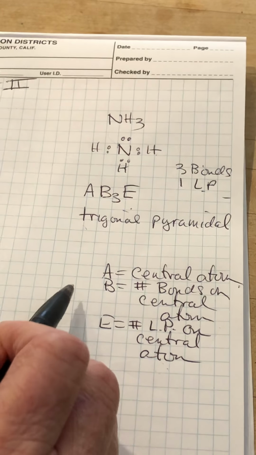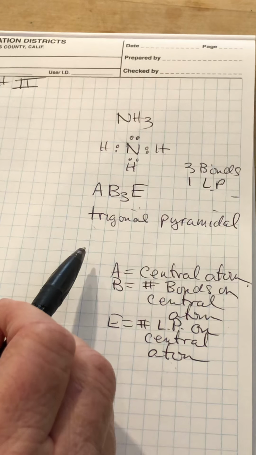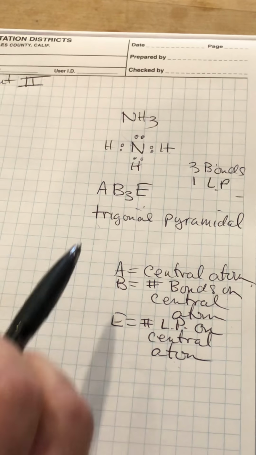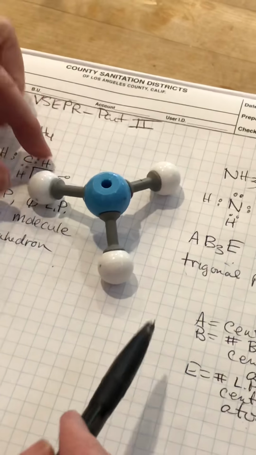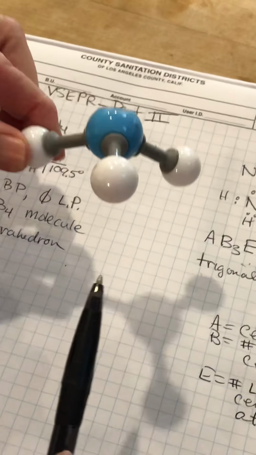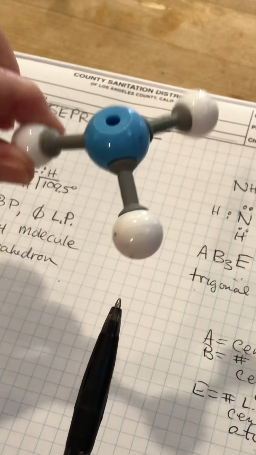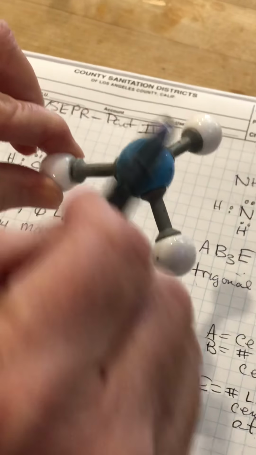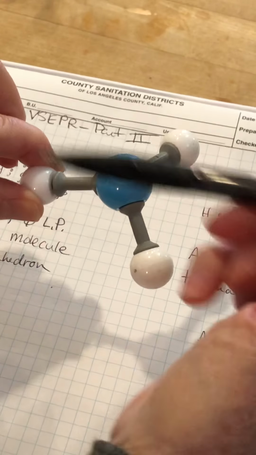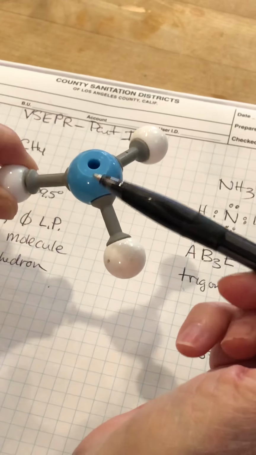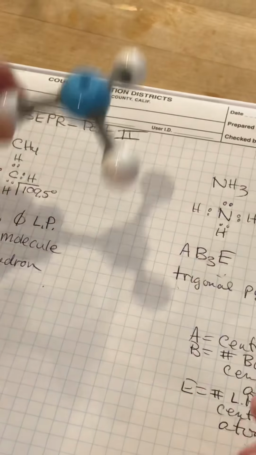So similar to the Cal State Long Beach pyramid, which is a square pyramid, this is a triangular pyramid. It has a triangular base, yet it's pyramidal in shape. The lone pair is up here. You never actually put the lone pairs on a model, but they're here on top.